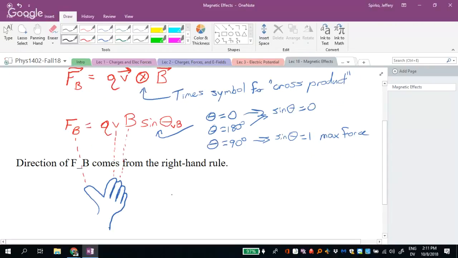So let me draw a set of axes. So there's X, Y, and Z. And let's imagine a case of a proton, positive charge, moving in the plus y direction.